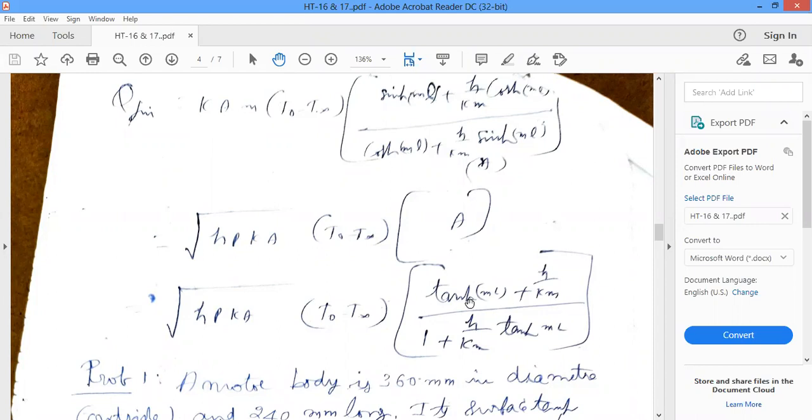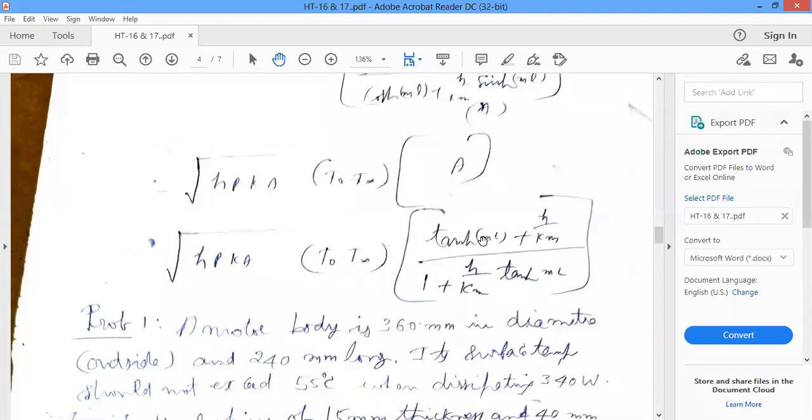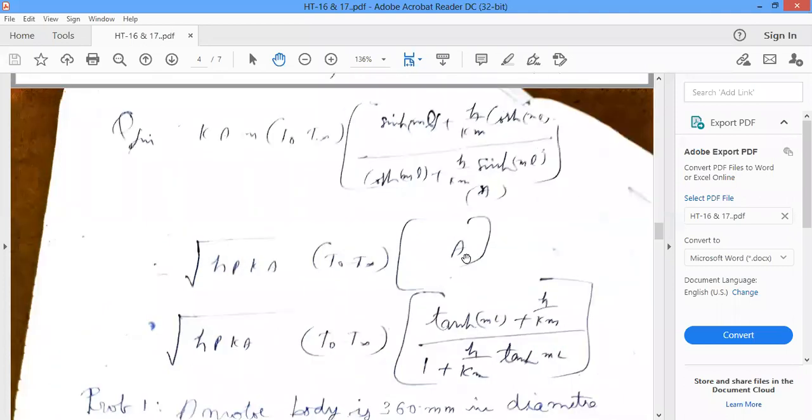Sinh mL by cosh mL becomes tanh mL, and h by km into cosh mL by cosh mL cancels, giving tanh mL plus h by km in the numerator, and 1 plus h by km tanh mL in the denominator.